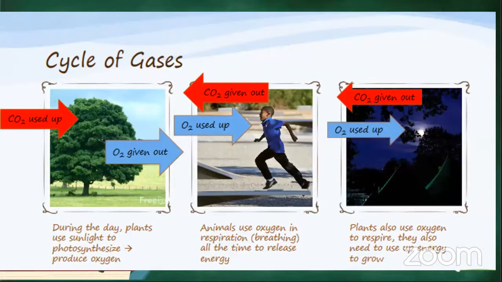In the middle, animals use oxygen in respiration, which is also just breathing, in order to release energy. And of course, at night, plants also use oxygen to respire, which means to breathe. And they also need to use up energy to grow. So that's just the cycle of gases.